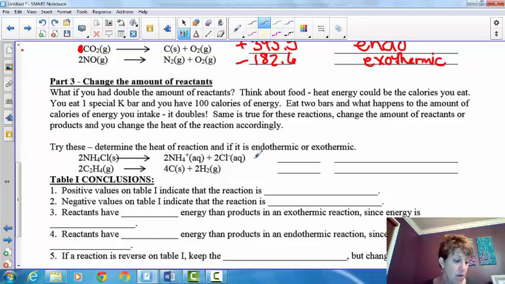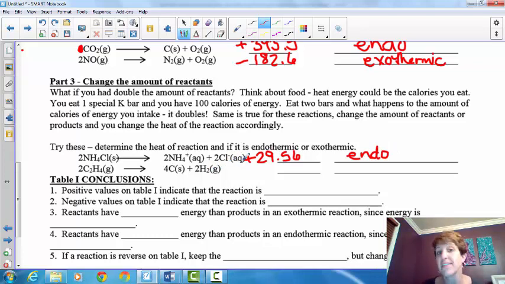So instead of plus 14.78, I could use a calculator right now, I don't have one, so 29.56, I hope that's right. I hope I'm giving you the right answer. I think that's what you get if you double it. And it's still going in the forward reaction, so it was positive. So endothermic.